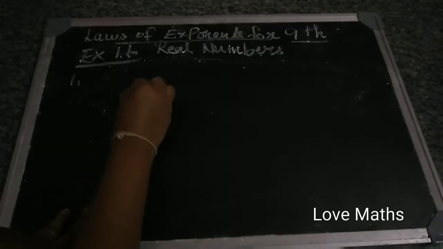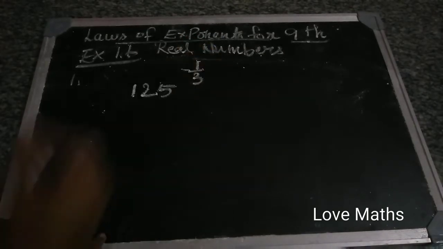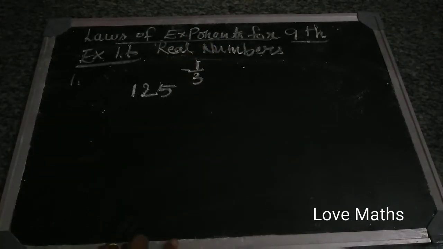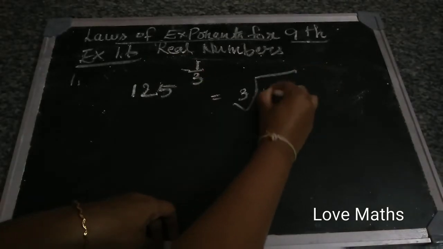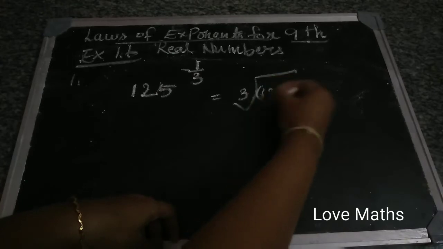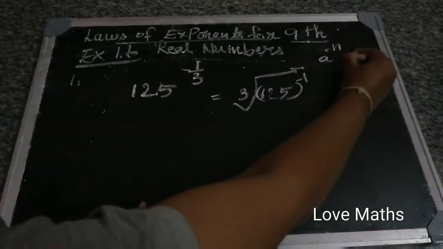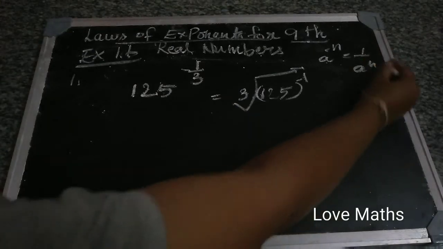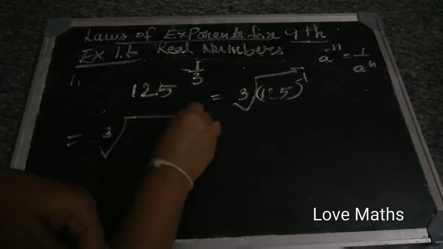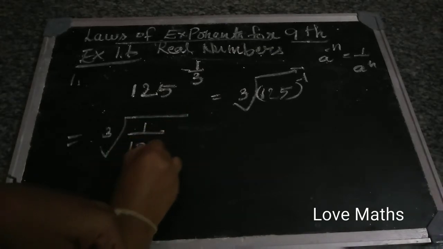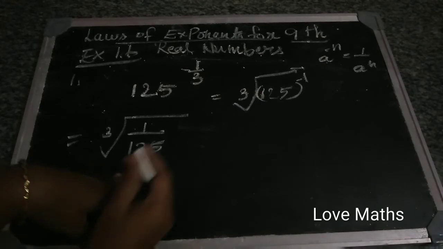Next one, 125 whole to the power minus 1 by 3. How to write this? The cube root of 125 whole to the power minus 1. A power minus n means 1 by a power n. So in the same way, the cube root of 1 by 125.